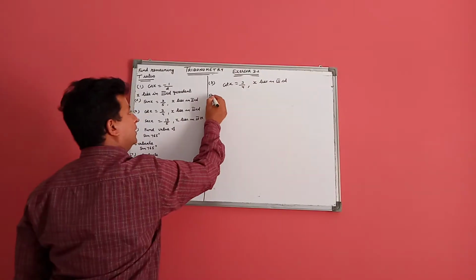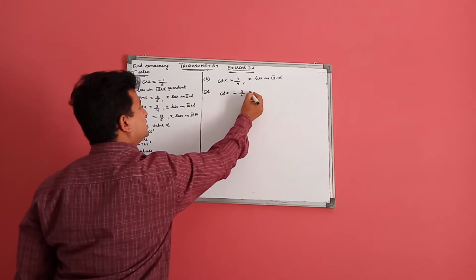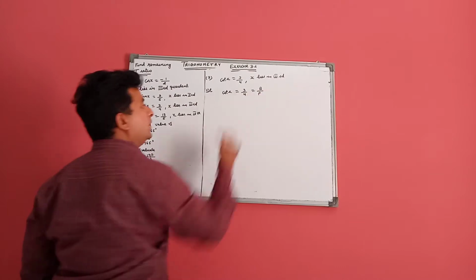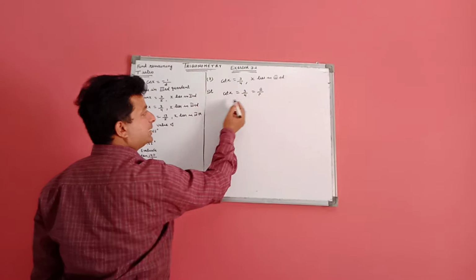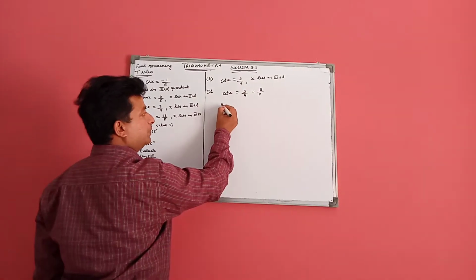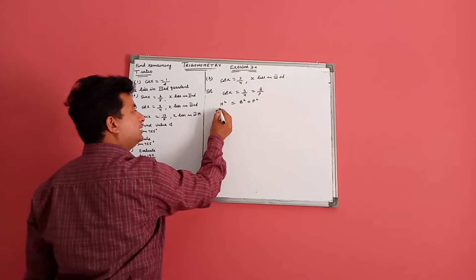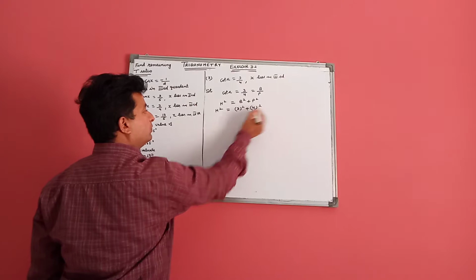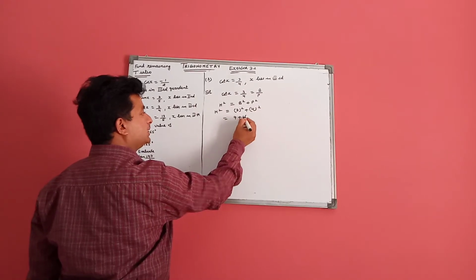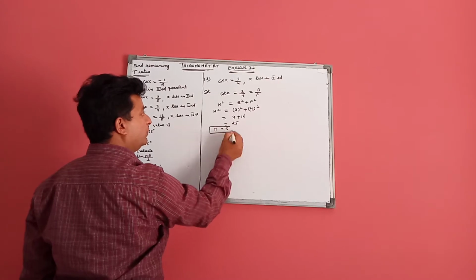As we know, cot x is equal to base over perpendicular, and in the third quadrant only cot and its reciprocal are positive. According to Pythagoras theorem, h square equal to 3 square plus 4 square, that is 9 plus 16, 25. Then h is equal to 5.